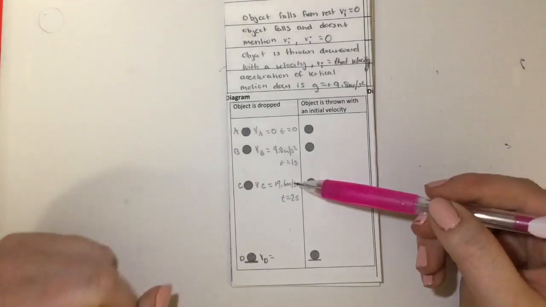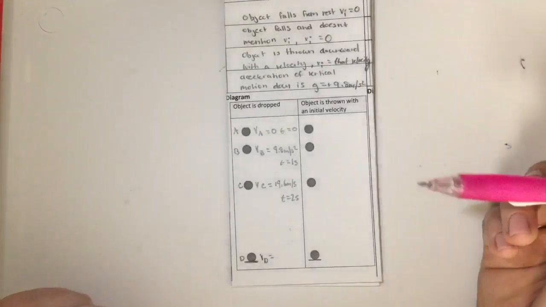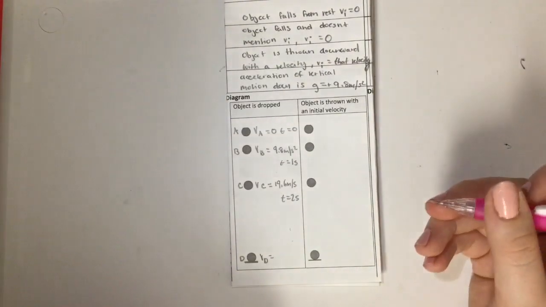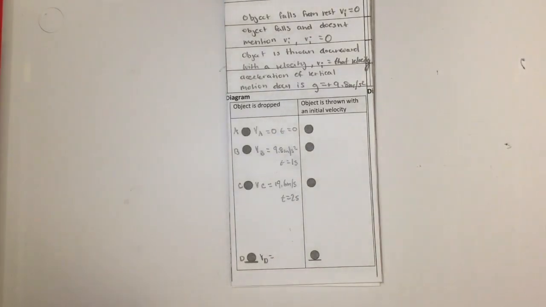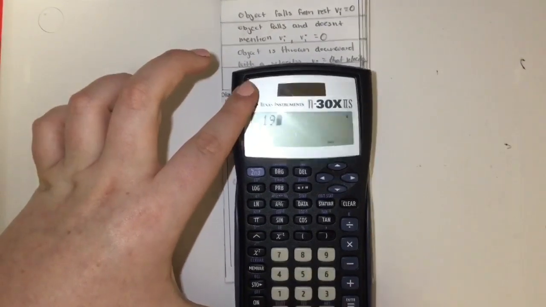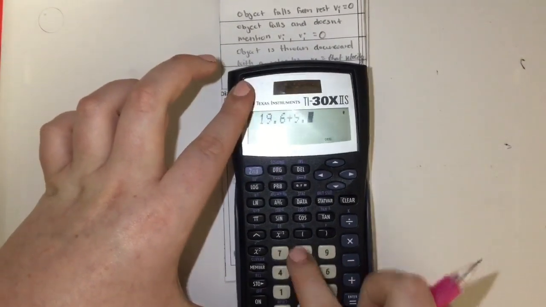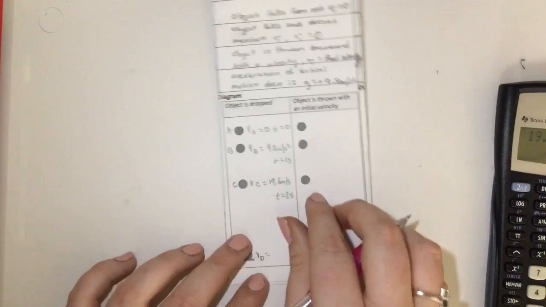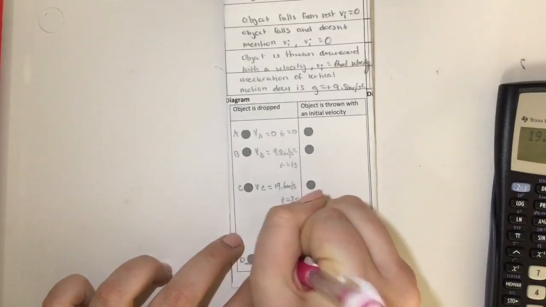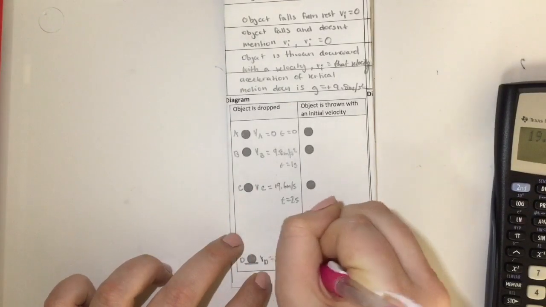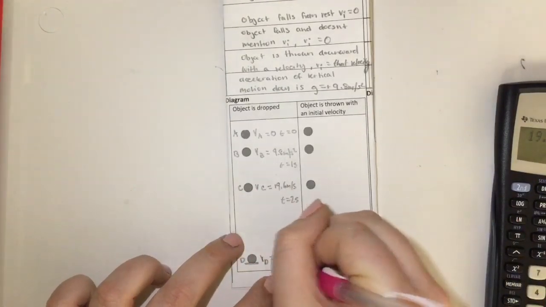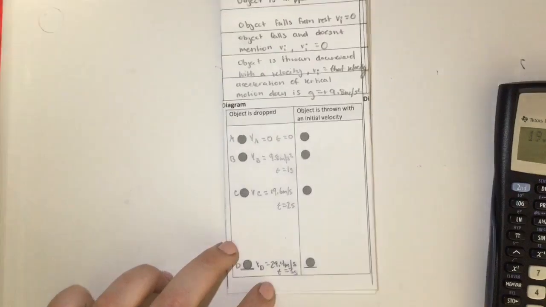So 19.6 plus 9.8 equals 29.4 meters per second. And finally, our time equals 3 seconds.